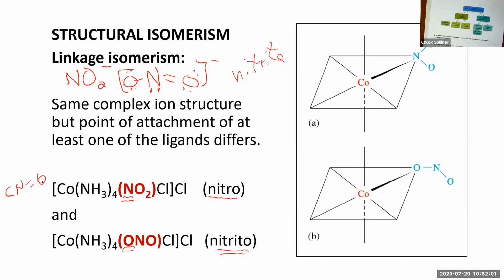Remember, we do these alphabetically. Tetraamine, chloro, nitro, cobalt, and it's a cobalt 2 ion. The second case would be tetraamine, chloronitrito, cobalt 2. So the names change to indicate the linkage. This would be a linkage isomer, an example of linkage isomerization.